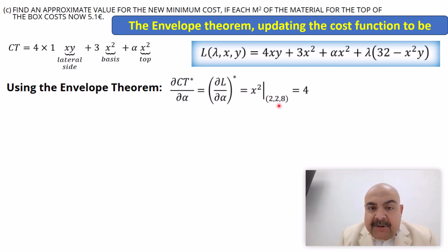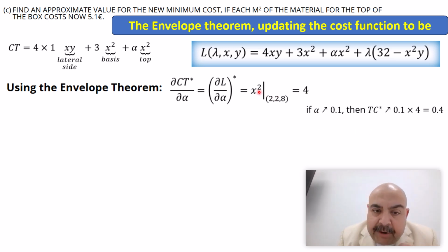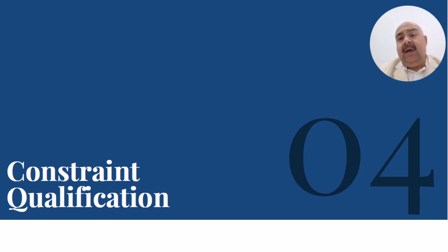At the critical point, it's going to equal 4. So just an increase of 0.1 in alpha will develop 4 times 0.1, which is going to be 0.4. And this is going to be the effect that we will have.